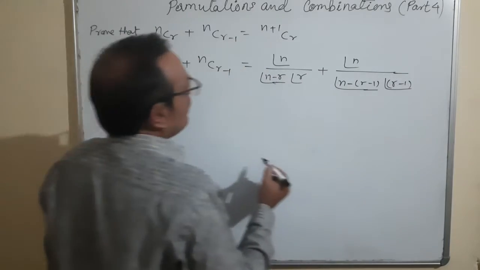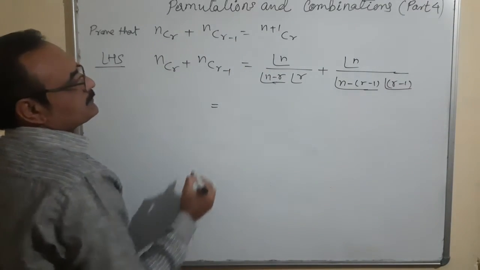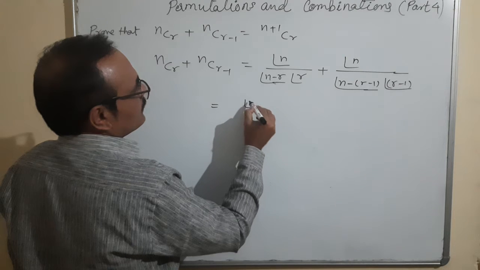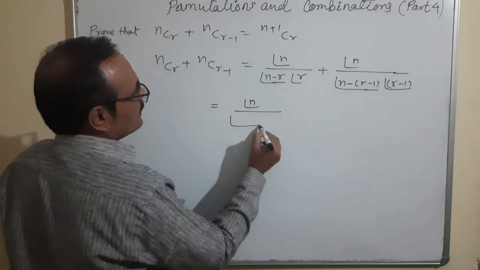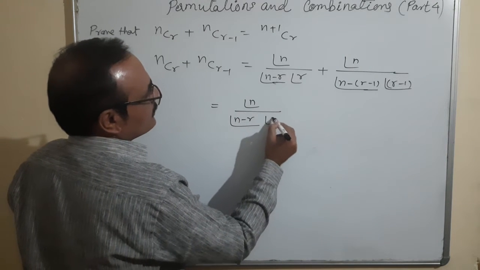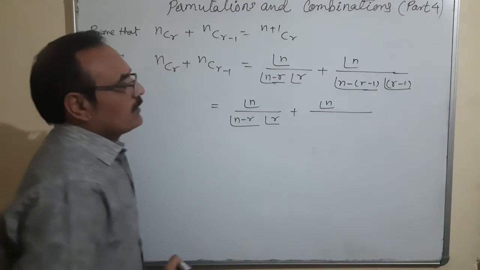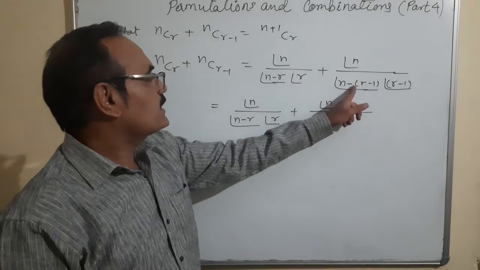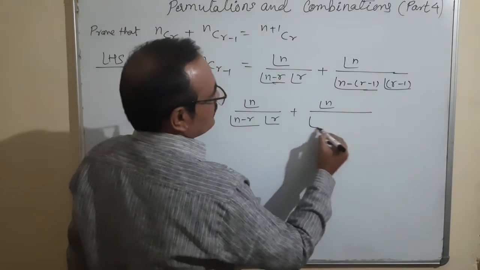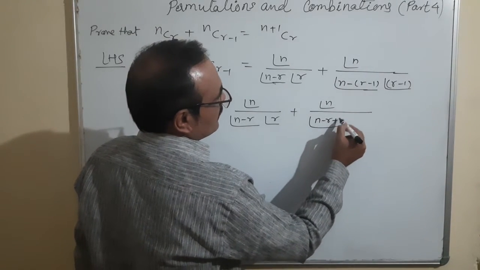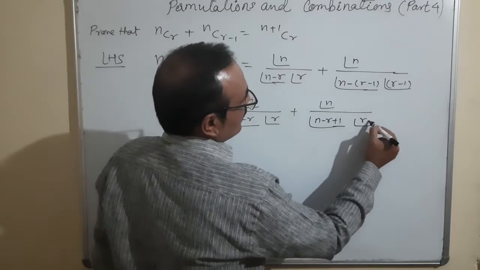Is it okay? That means factorial n upon factorial n minus r, factorial r, plus factorial n upon n minus r plus 1 factorial, r minus 1 factorial.